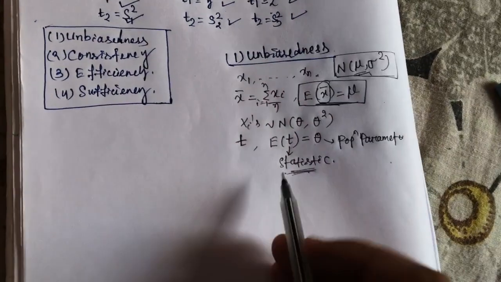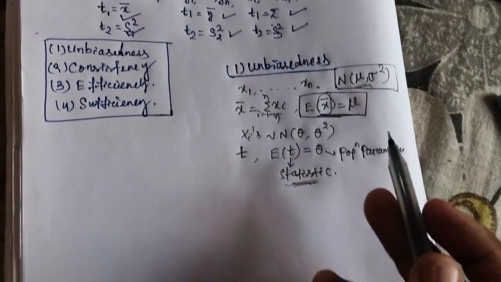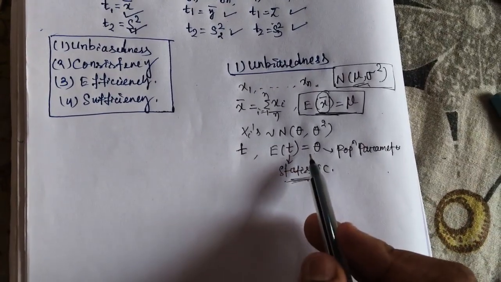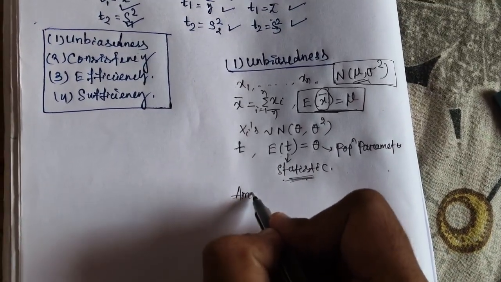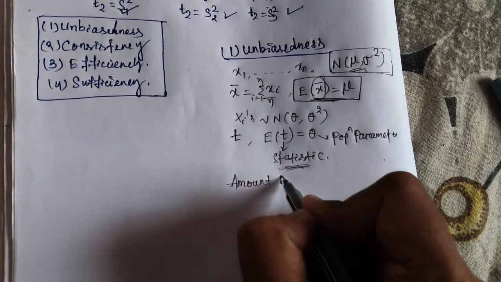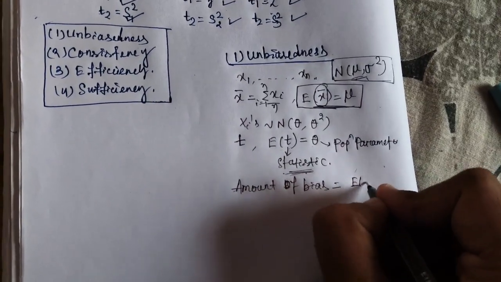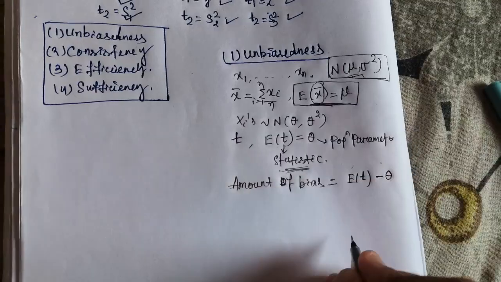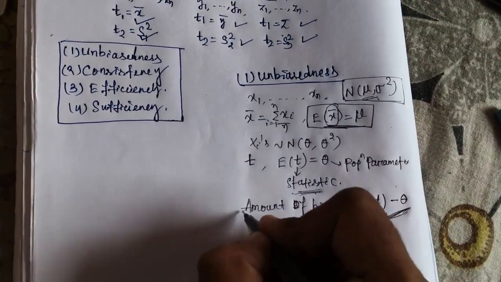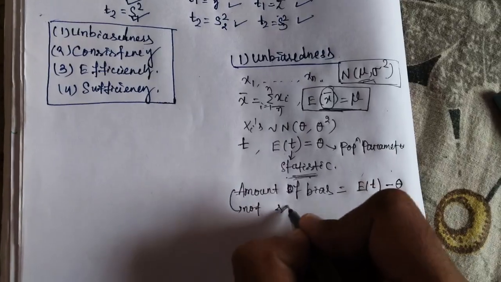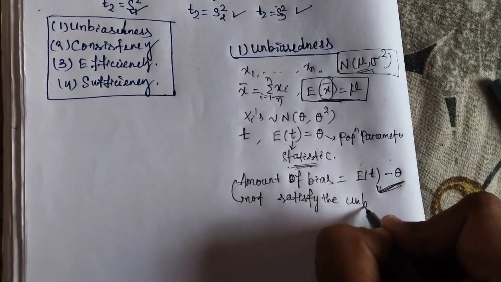Many times questions are asked to calculate the amount of bias if it does not satisfy the unbiasedness property. The amount of bias can be calculated as: amount of bias equal to expected value of t minus theta. This gives the amount of bias if the estimator does not satisfy the unbiasedness property.